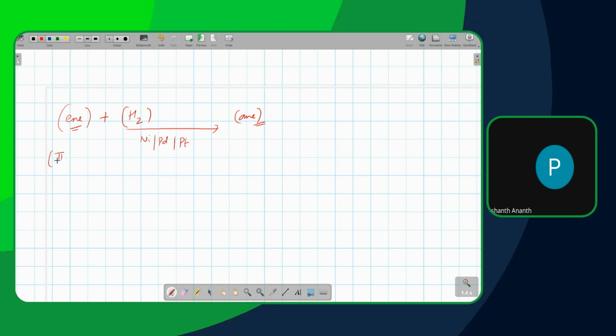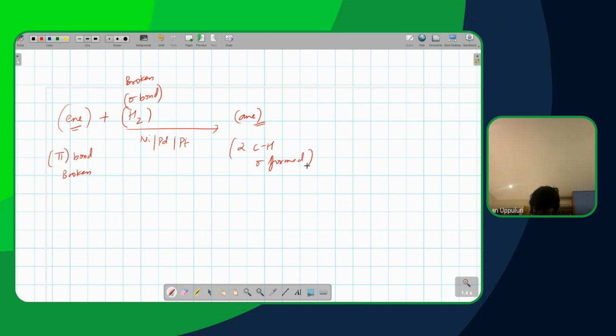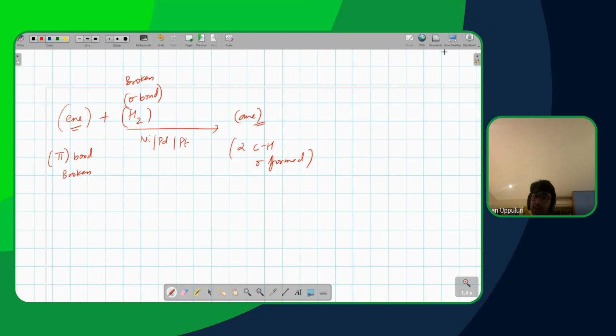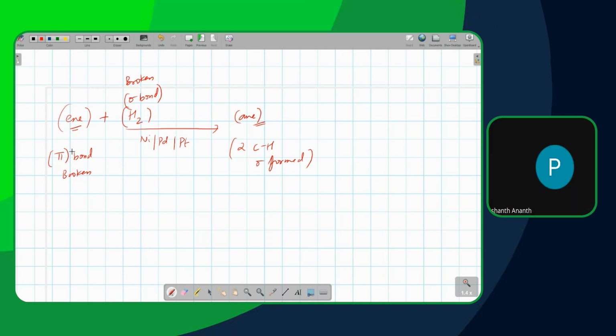You can think of it as pi bond and sigma bond are broken, and two carbon-H sigma bonds are formed. Fair enough? So what will this information tell you? Bond breaking and formation, and energy is released, because you're breaking one pi bond and one sigma bond and you're forming two sigma bonds, which is more stable.